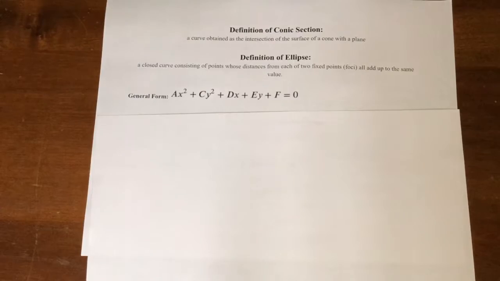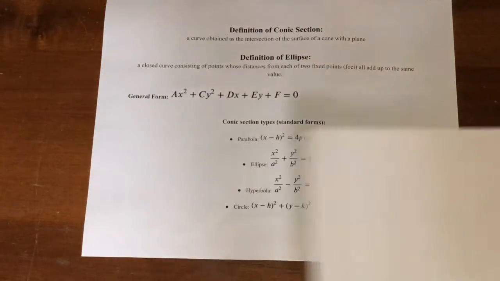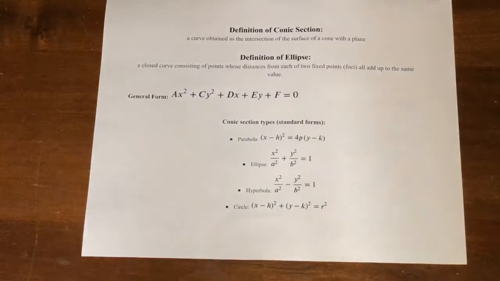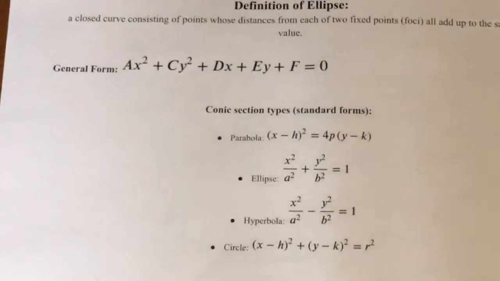So if I look at the general form, you can see what shape the graph is going to be, but you can't exactly graph the equation yet. So in order to do this, you must turn the equation from general form to standard form. So the standard form of a parabola is x minus h squared is equal to 4p times y minus k.